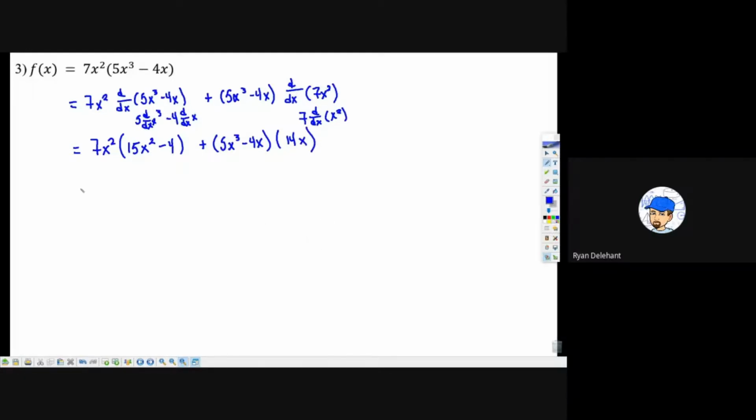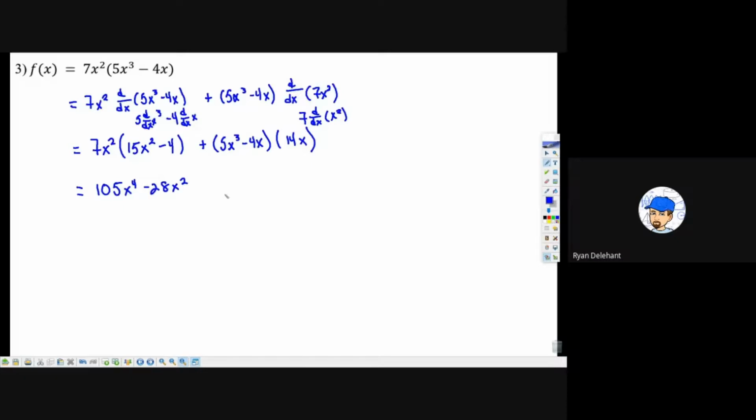And then from here, we just need to clean this up. So we're going to distribute this and combine like terms. So I apologize, that's not 7. So 7 times 15 is going to give us 105. x squared times x squared is x to the 4th. And then we're going to get minus 28 x squared. And then we're going to distribute this 14x to both of these.